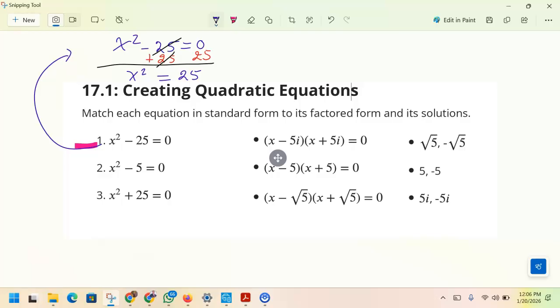Some will say different strategies are used. If you have x squared is 25 and it's a positive number, by taking the square root both sides, like this is what you've been doing, you want to make sure you write two answers.